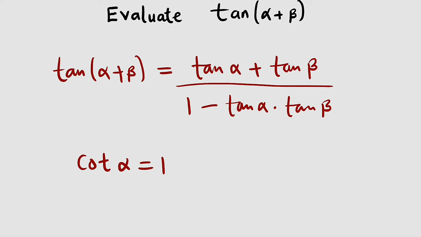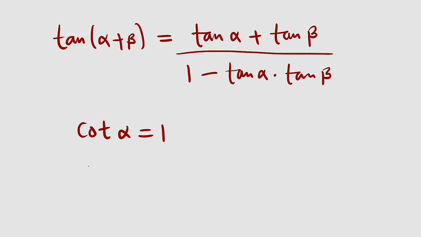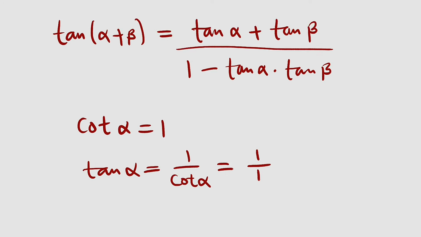But you should know that cotangent of alpha is just the reciprocal of tangent alpha. So if you want to find tangent of alpha, you take the reciprocal of cotangent of alpha. But cotangent of alpha is 1, so this is the same thing as 1 divided by 1.